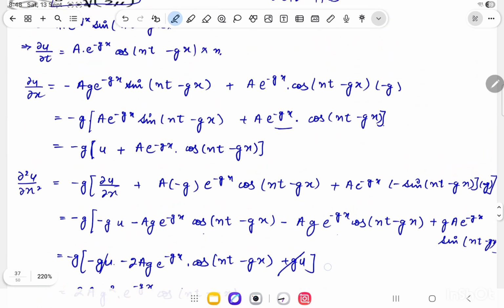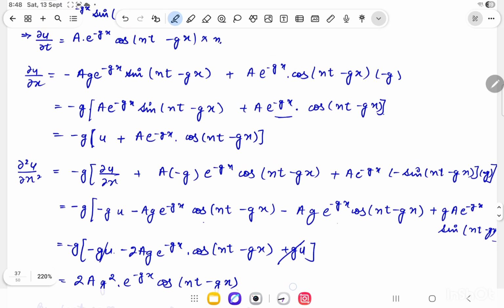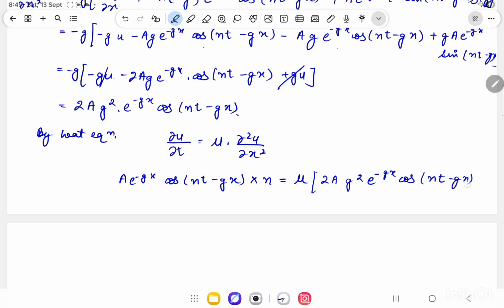So my del u by del t is basically a e raised minus gx into cos nt minus gx into n equals to mu into 2a g square e raised minus gx into cos nt minus gx.